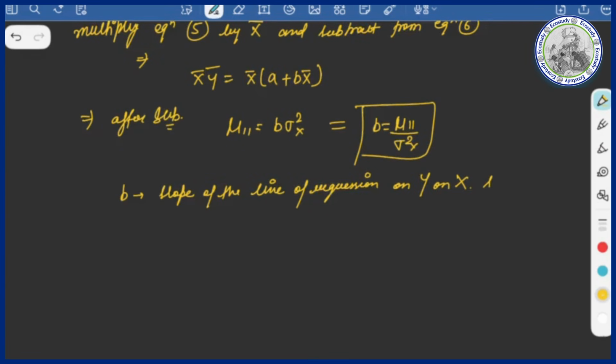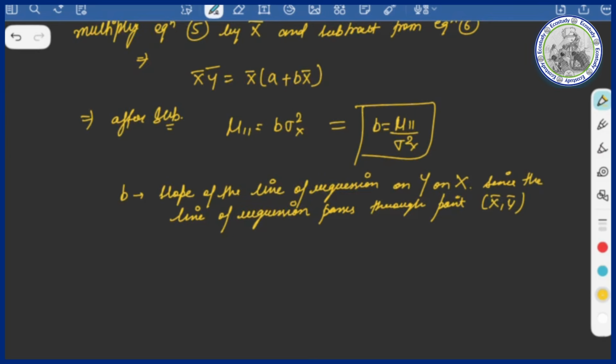Since the line of regression passes through the point x bar, y bar, what does its equation mean?